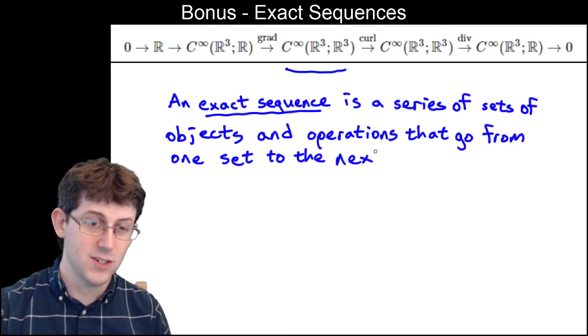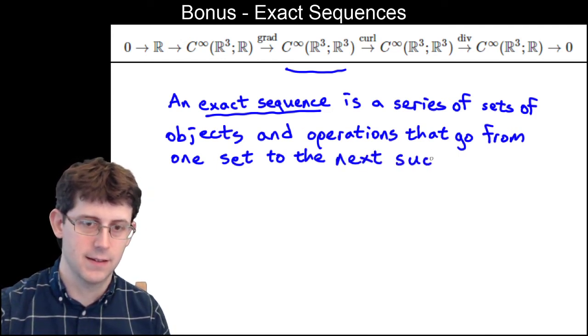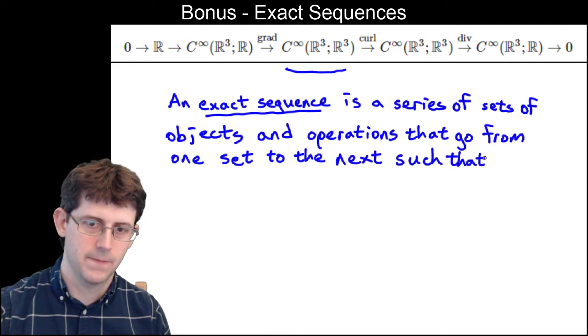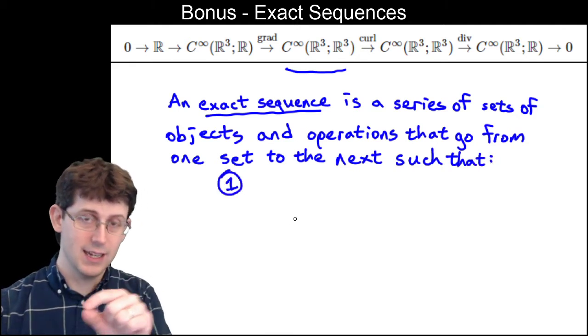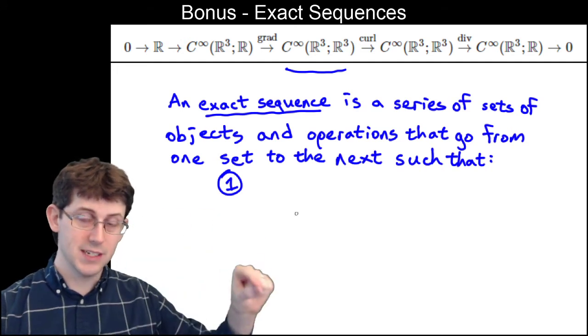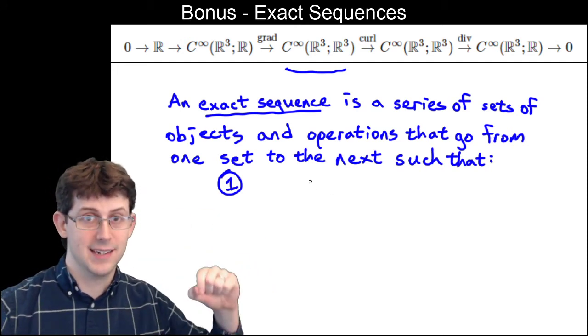And they satisfy 2 properties. The first one is that if you start somewhere and you do 2 operations in a row, you land on 0.